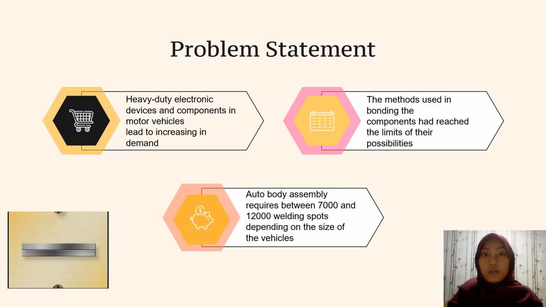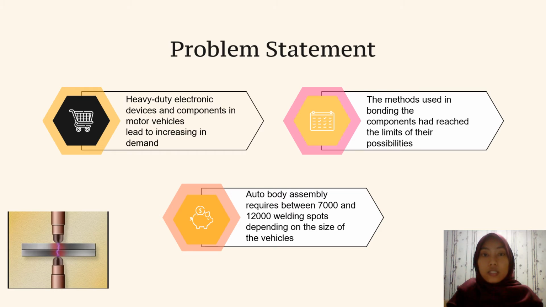The reason why this research is being done is because of the booming of the automotive industry. If you look at the problem statement, auto body assembly requires between 7,000 and 12,000 welding spots depending on the size of the vehicle. This means that one vehicle consists of 7,000 to 12,000 welding spots.